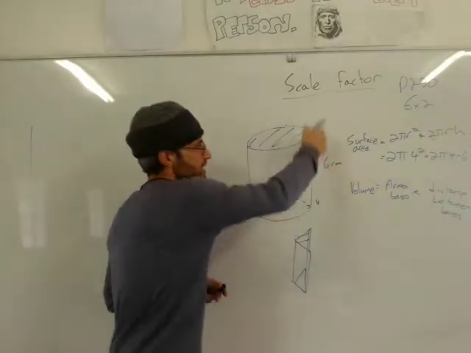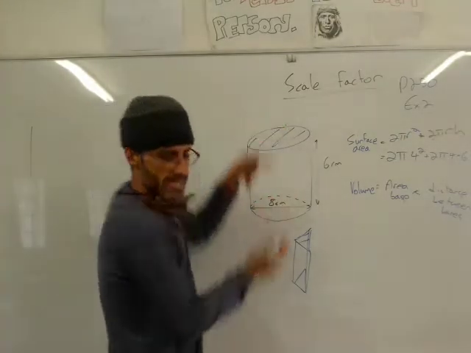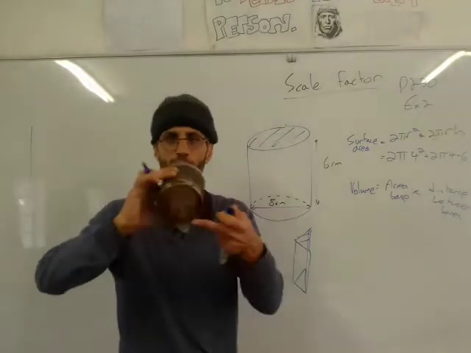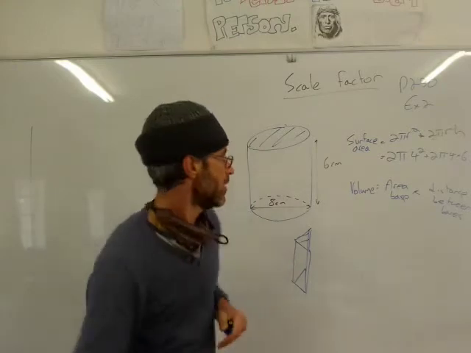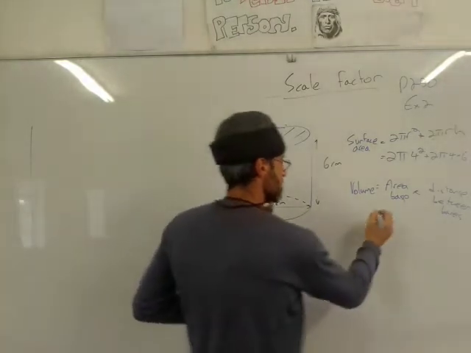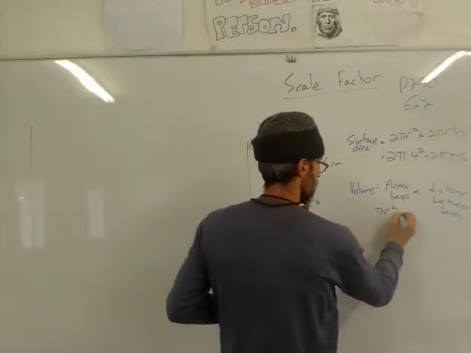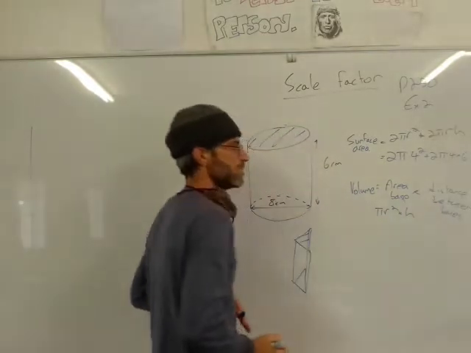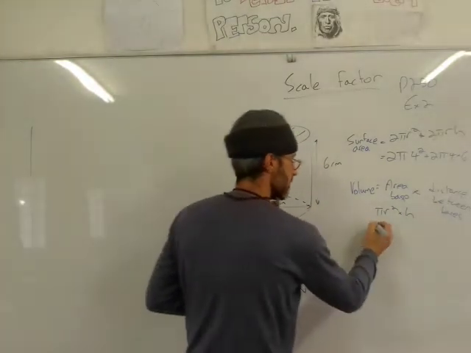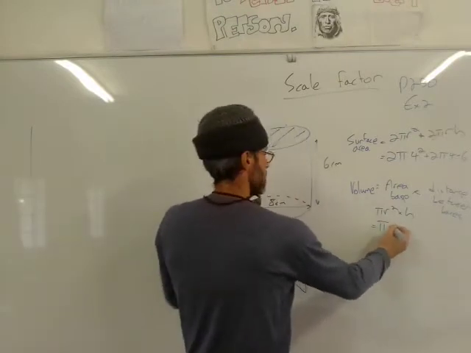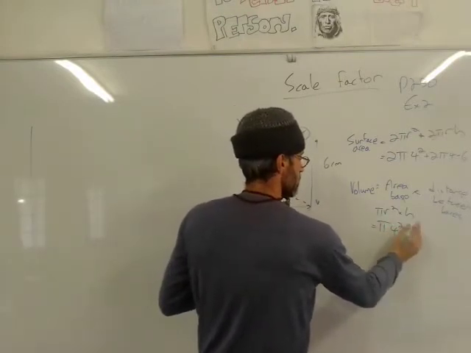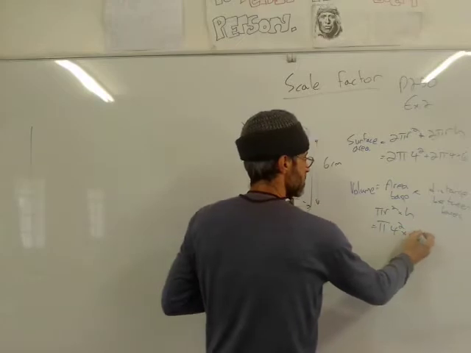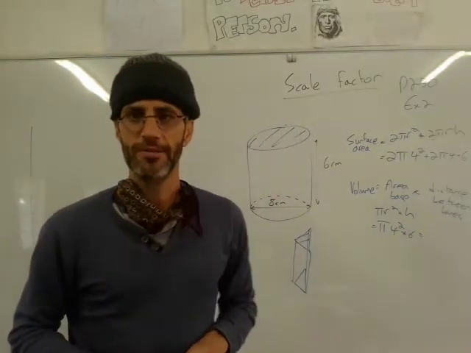In this case we call it height. So the area of the base is pi r squared, and the distance between the bases is h. Now I'll put in the numbers: pi times 4 squared times h, which is 6. I'll pause here, find the answers, and we'll move on.